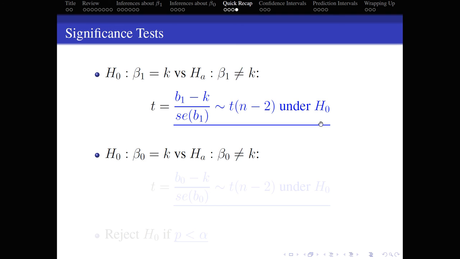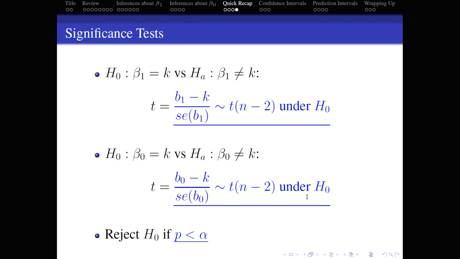Okay, so for the significance test for the intercept, the population parameter, we have the null beta 0 equals k versus the alternative beta 0 not equal to k. The test statistic is exactly the same as the test statistic for the slope, except we plug in b0 for b1. For all these we get a p-value if we use software, and if the p-value is less than the alpha for that particular test, then we reject the null hypothesis.